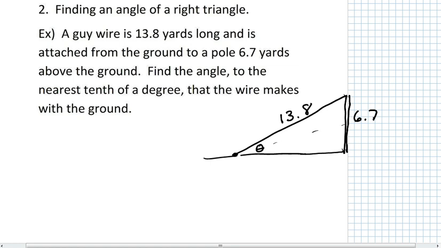In this case, since we have opposite and hypotenuse, we're going to use, you guessed it, sine inverse. And so we set up sine inverse of 6.7 divided by 13.8. And when we type that in our calculator, we get about 29.0 degrees, approximately. Because remember, you got to round to the nearest tenth of a degree.